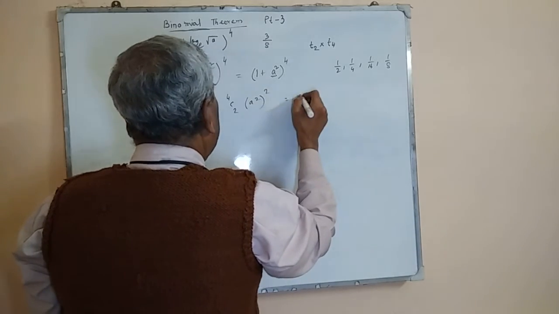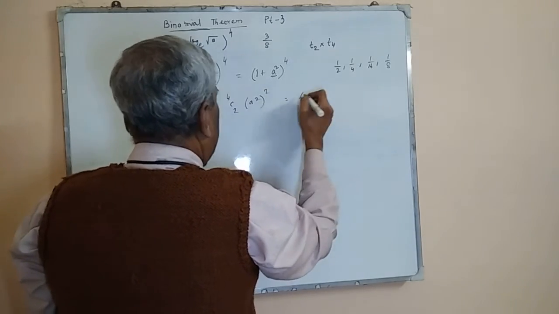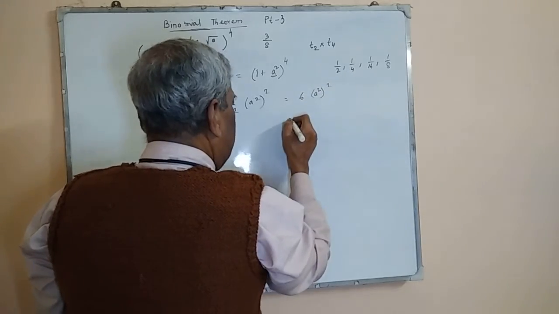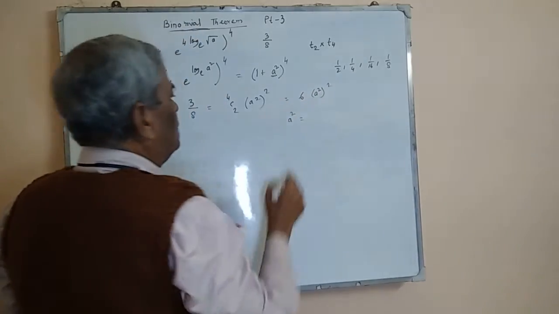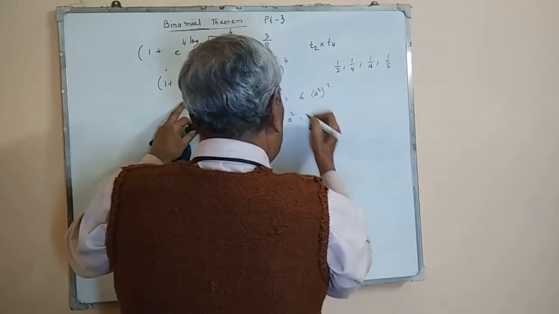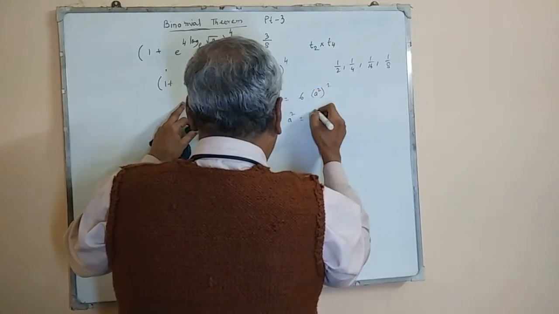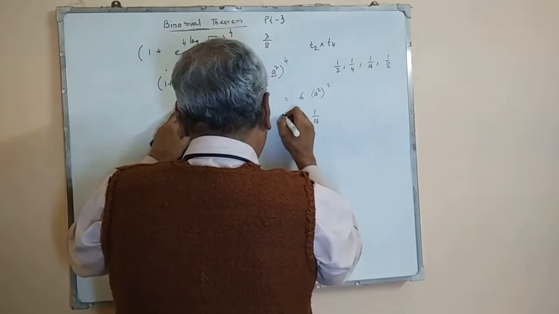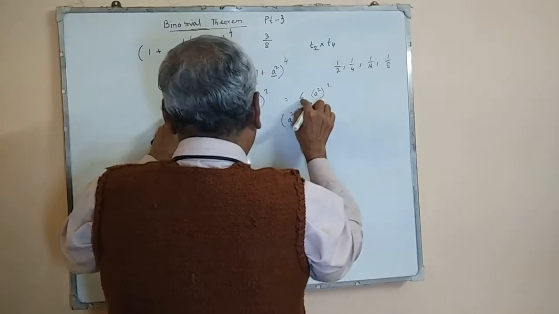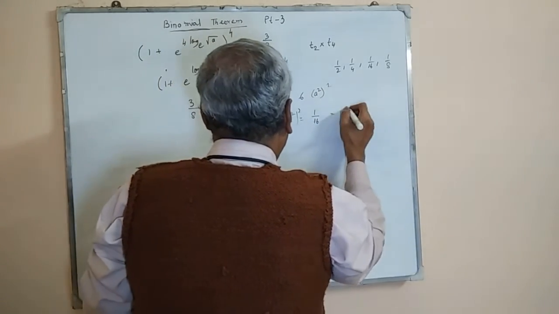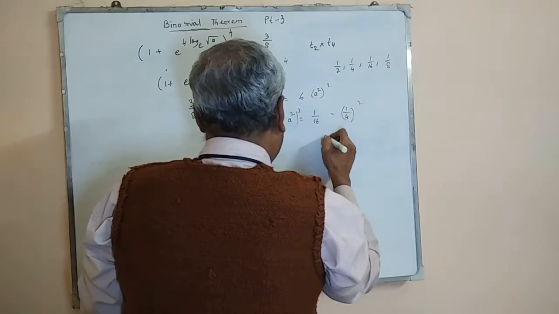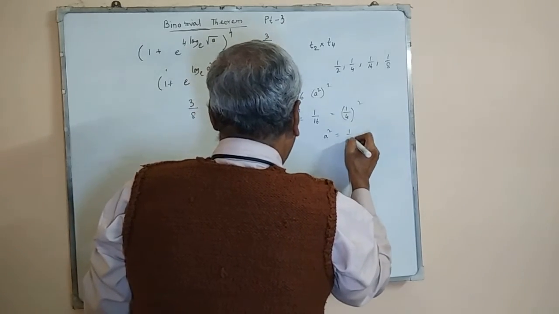It is 4c2 is 6 into a square whole square, so a square whole square is equal to, cancels with that, 1 by 16. A square whole square is equal to 1 by 4 square. So a square is equal to 1 by 4.